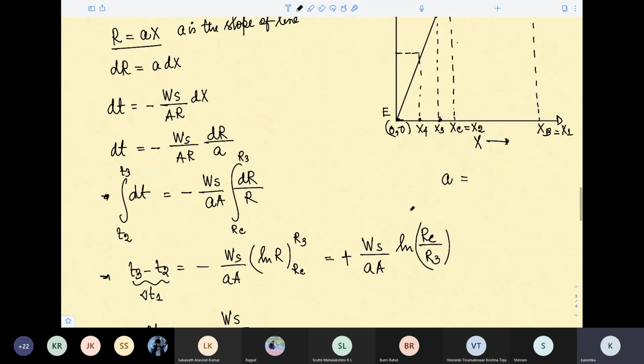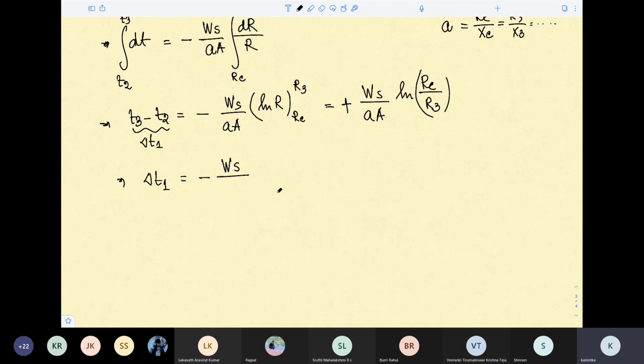So we can write A equals also RC by XC, equals R3 by X3 and so on. So WS by capital A, RC XC, ln RC by R3.